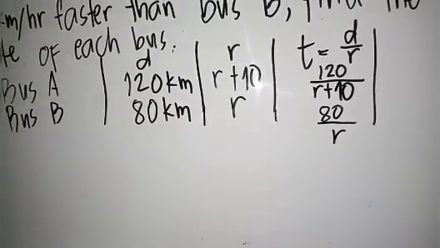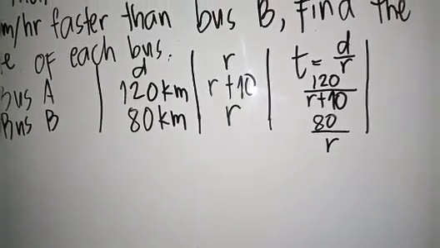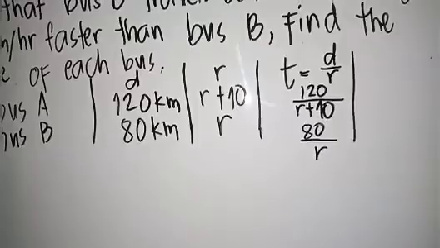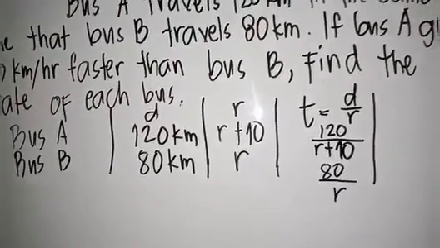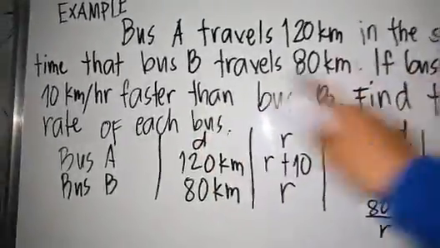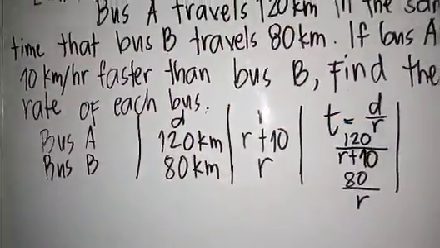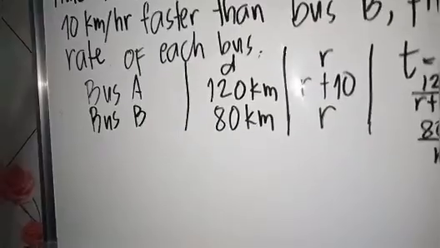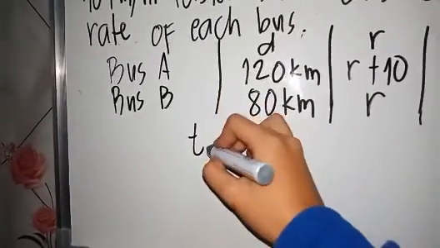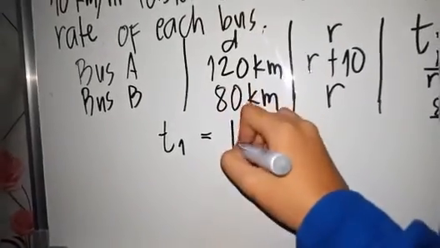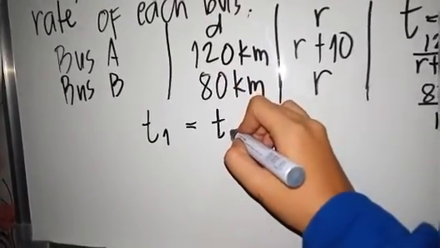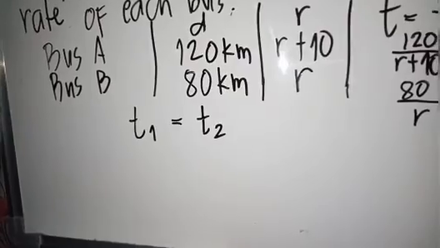Next, after that, pwede na natin kunin yung ating equation. So, since sinabi dito na same time that bus B travels into bus A, ibig sabihin, yung time ng ating bus A or yung ating first bus is equal to yung doon sa time ng ating second na bus.